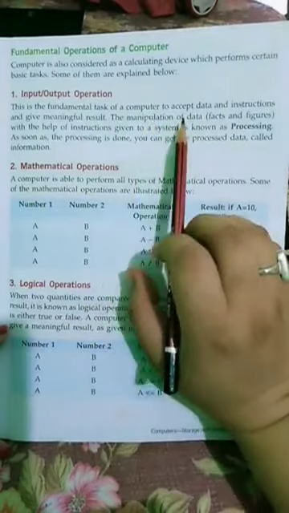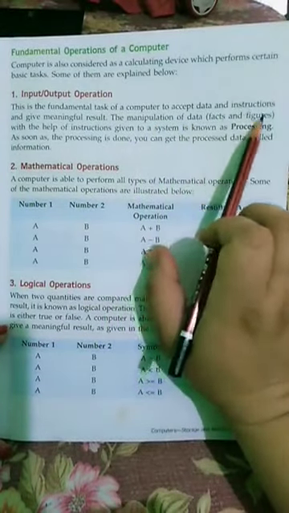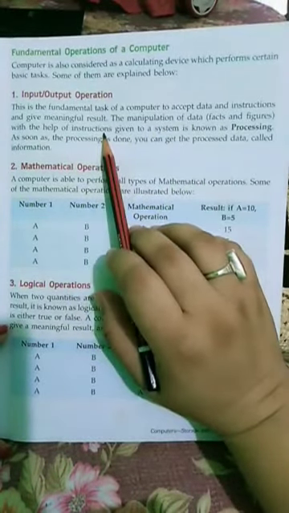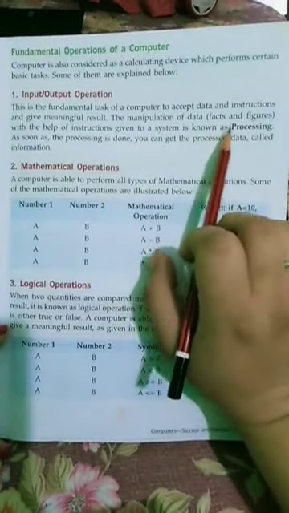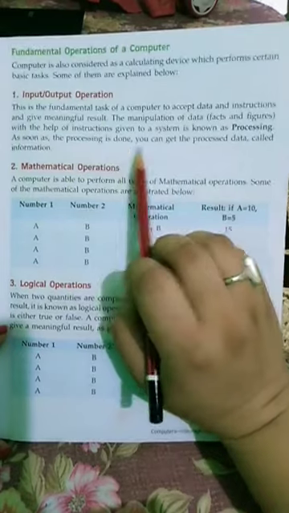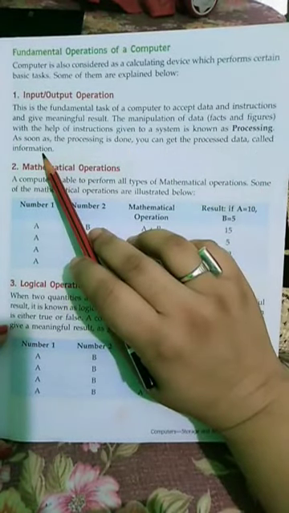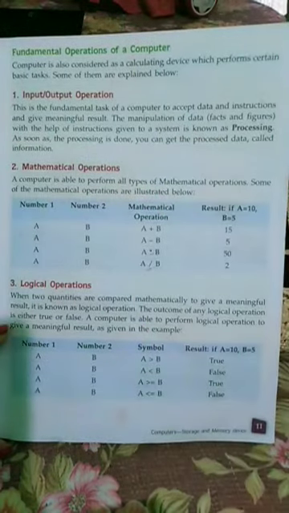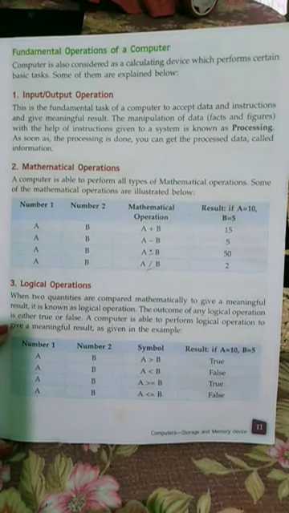The manipulation of data, meaning facts and figures, with the help of instructions given to a system is known as processing. Once done, you get the processed data called information. As I've already told you, the computer accepts data and instructions and gives the desired result as output. Thus, input-output operation is the basic operation of a computer.